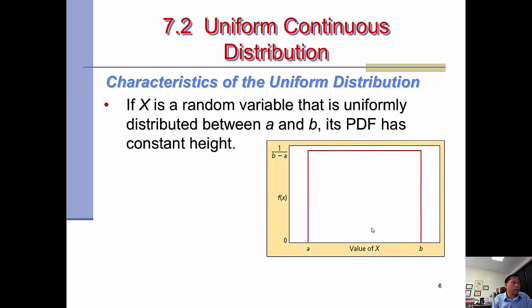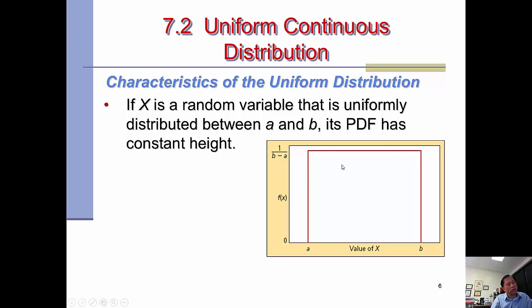For the uniform continuous distribution, for the random variable x taking a value between A and B, the probability density is 1 over B minus A. Since it's a uniform distribution, the probability is the same across the whole range from A to B. This is a rectangle because it's a flat line.